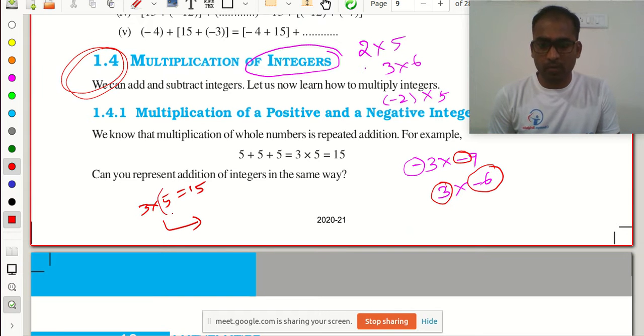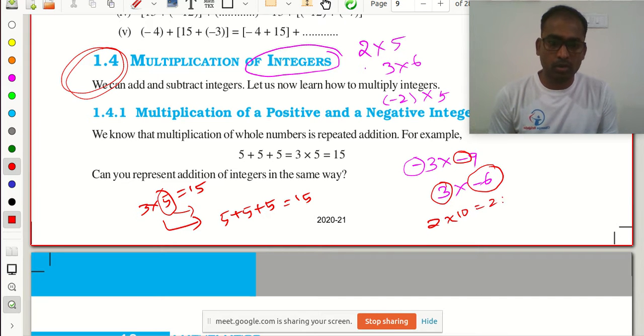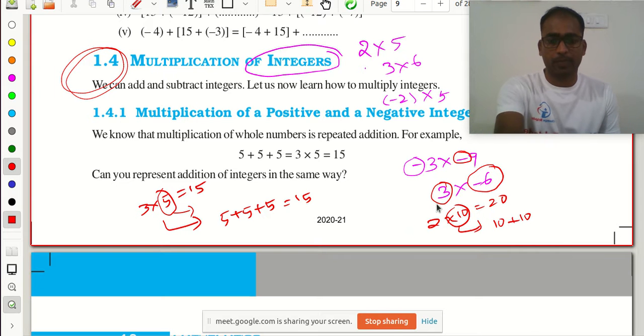I added 5 three times: 5 plus 5 plus 5. 5 plus 5 is 10, 10 plus 5 is equal to 15. Suppose I do 2 into 10 is 20. How is it happening? Because I added 10 two times, 10 plus 10.